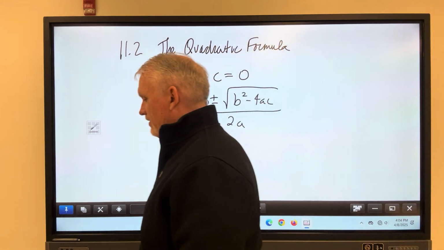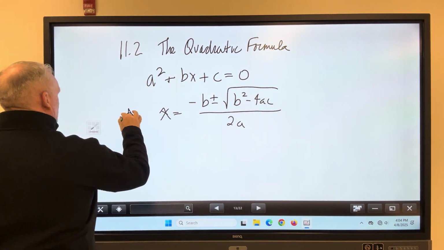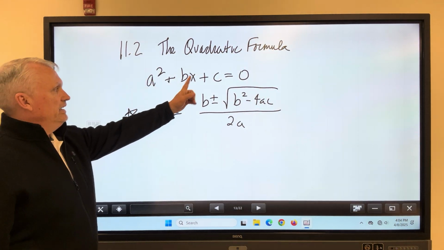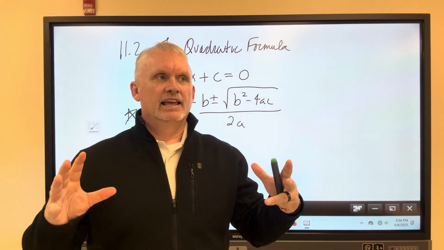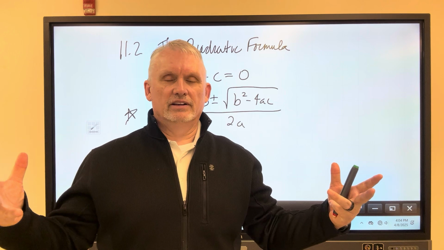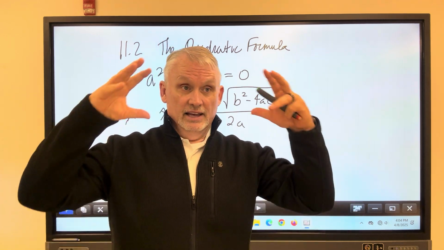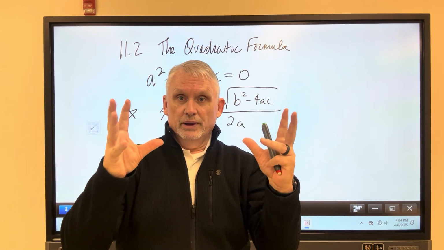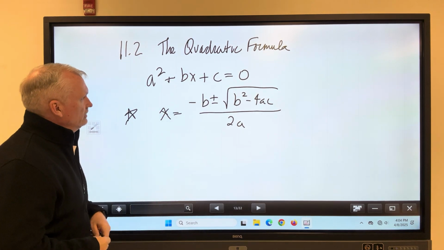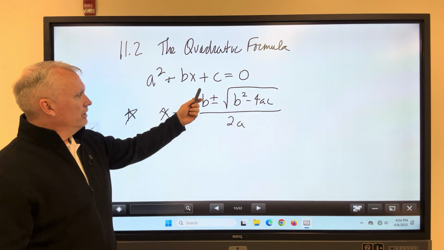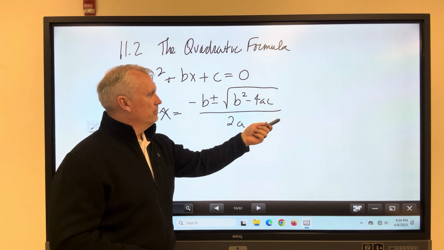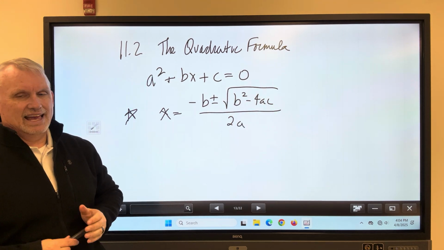The quadratic formula. Here's the quadratic formula. You've got a's, b's, and c's. This is when you can't factor, or you have to solve by doing something other than guess and check or grouping or anything like that. So here it is. Negative b plus or minus the square root of b squared minus 4ac, all over 2a.